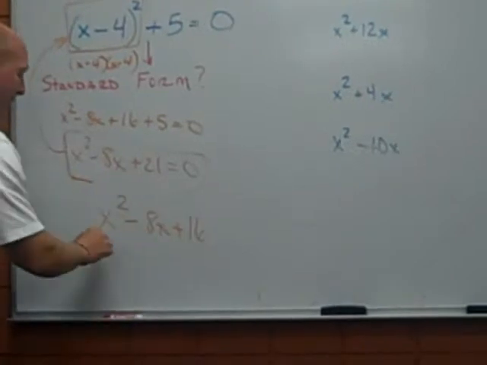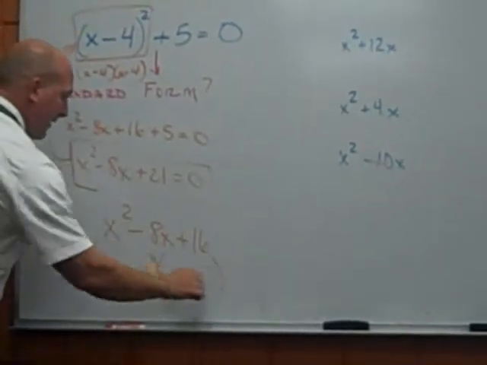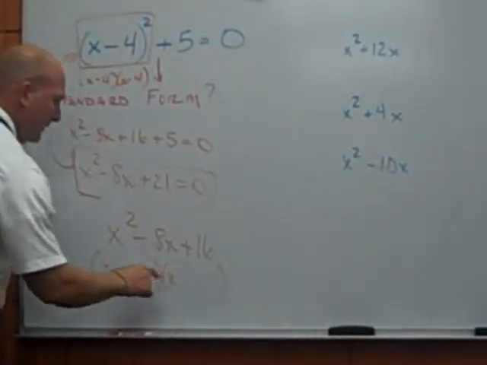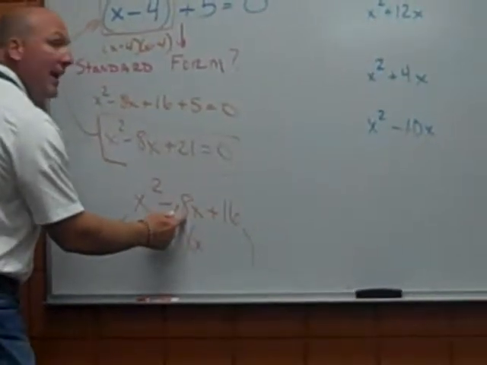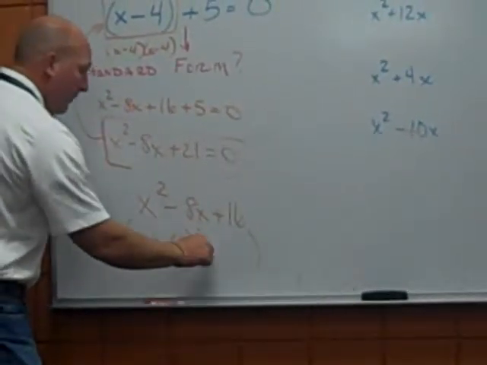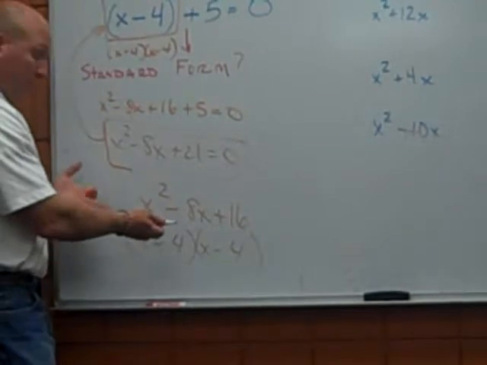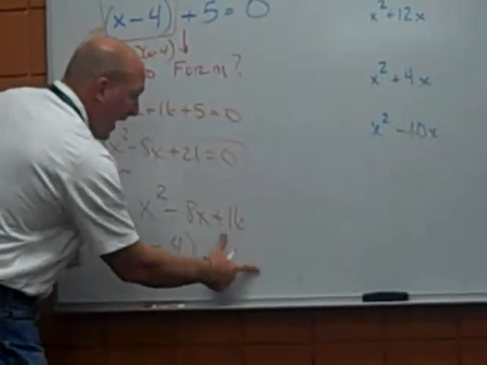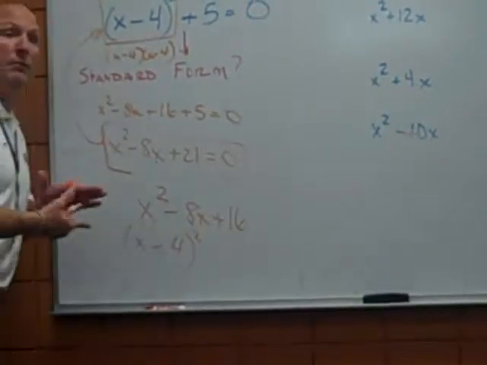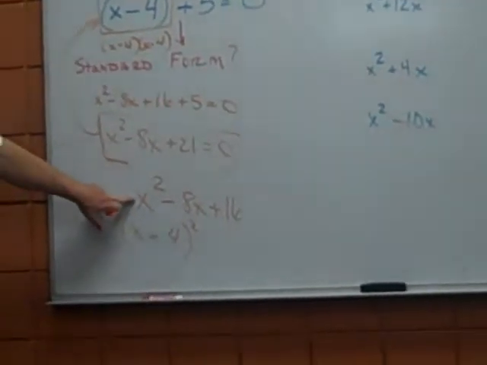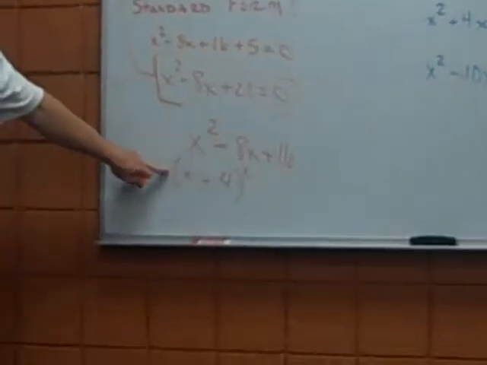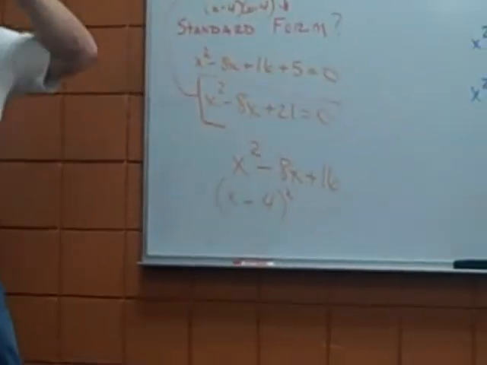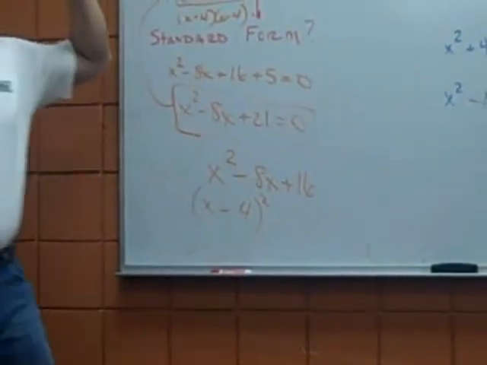If I said factor that, it would be x and x, two numbers that multiply to give you 16 and add to give you negative 8, minus 4 and minus 4, correct? Okay? Now I would write that without the second time and just put a squared. This is called a trinomial squared, when it can be factored into the same binomial with the little itty-bitty 2.